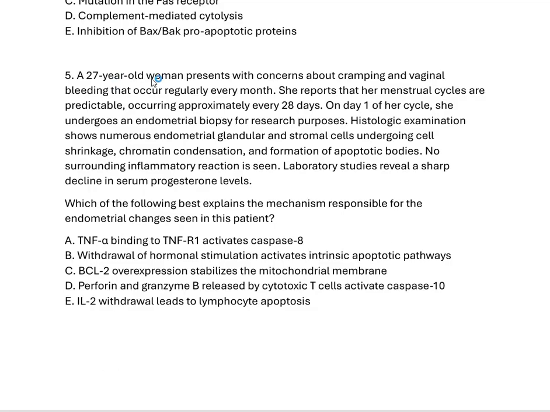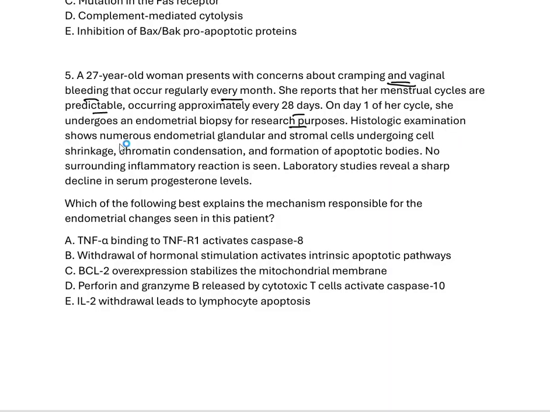A 27-year-old woman presents with concerns about cramping and vaginal bleeding that occur regularly every month. She reported that her menstrual cycles are predictable, occurring every 28 days. On day 1 of her cycle, she undergoes endometrial biopsy for research purposes.